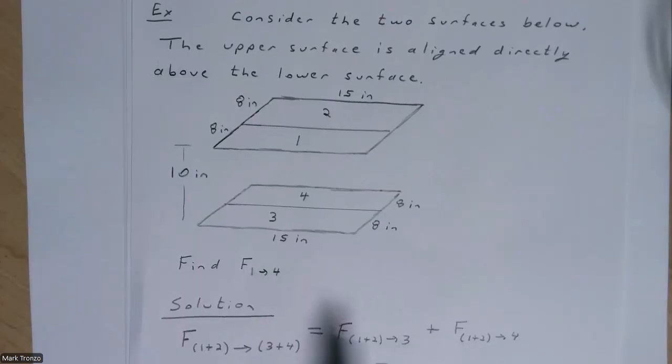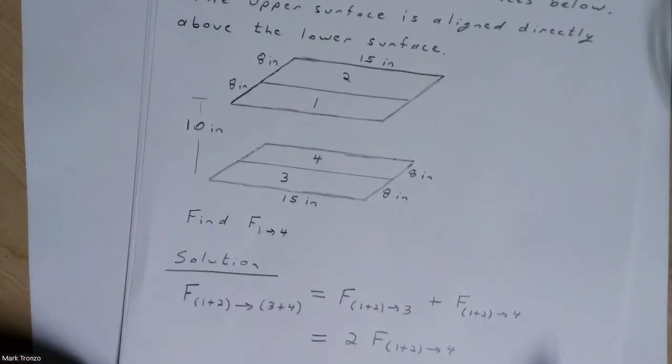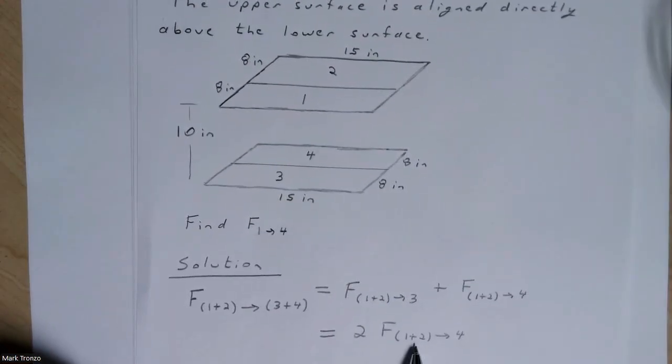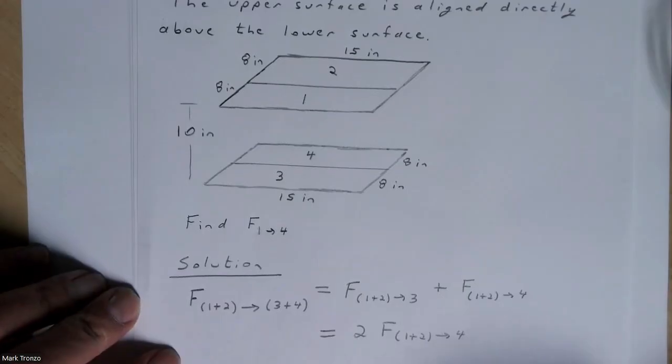Now, we ultimately want to get a 4 involved. So since these are the same, we'll write these as 2 F1 plus 2 to 4, like this. And now if we continue on, we would like to eventually be able to decompose again, but we need to reverse the order of this here.